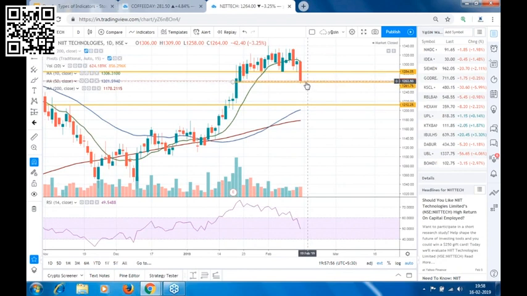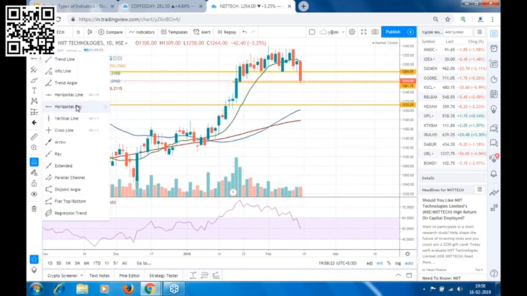Once it breaks this level, and looking at the bearish candle, and that it is taking resistance from the 10 period moving average, which is now developing a slope that it is going to move in the downward direction, and if the market on Monday is bearish, then I'm expecting it to go down further. That means it will break this consolidation.